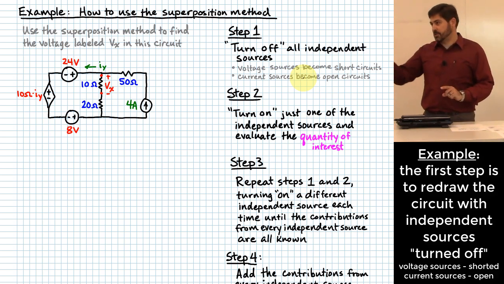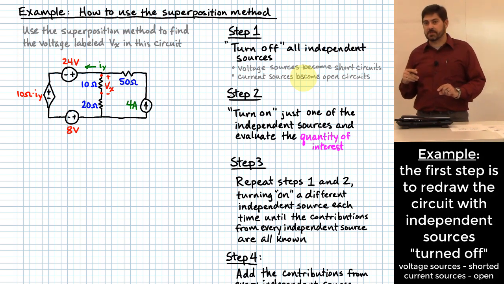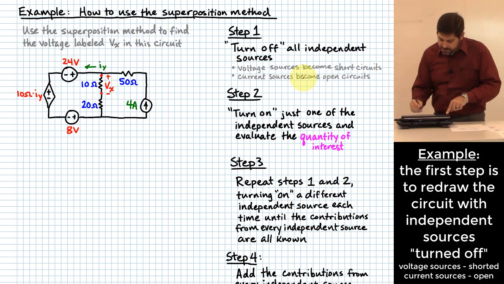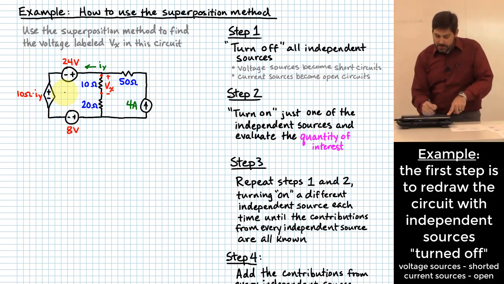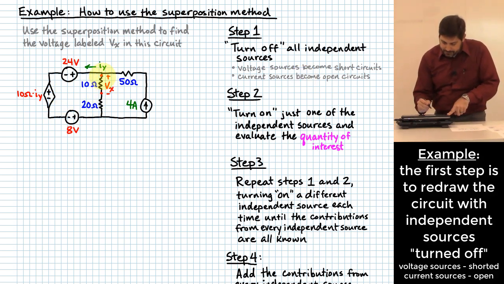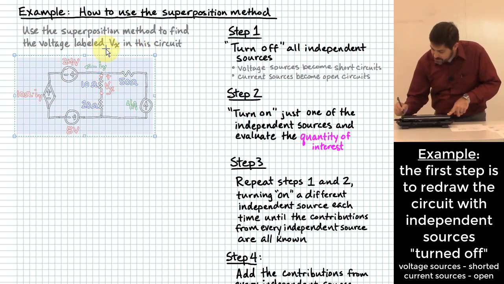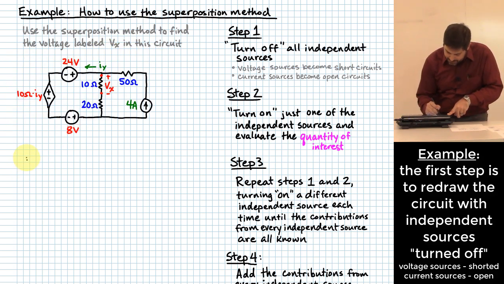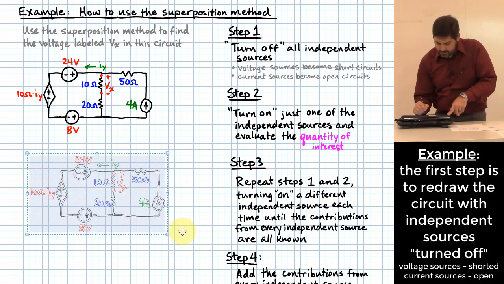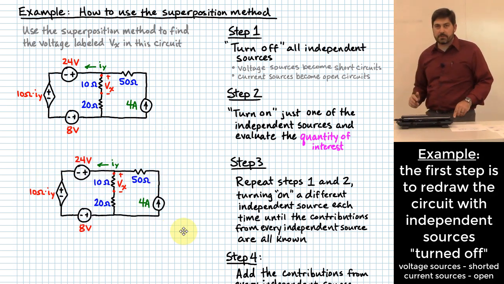So you have an open circuit in the case of current sources to essentially turn them off. So with step one, with this little circuit I've drawn over here, you might want to copy it and then apply that change I just described. We're going to turn off all of the independent sources.